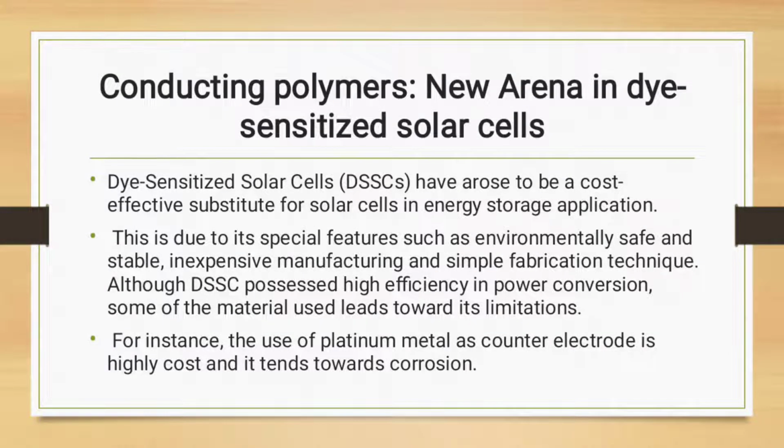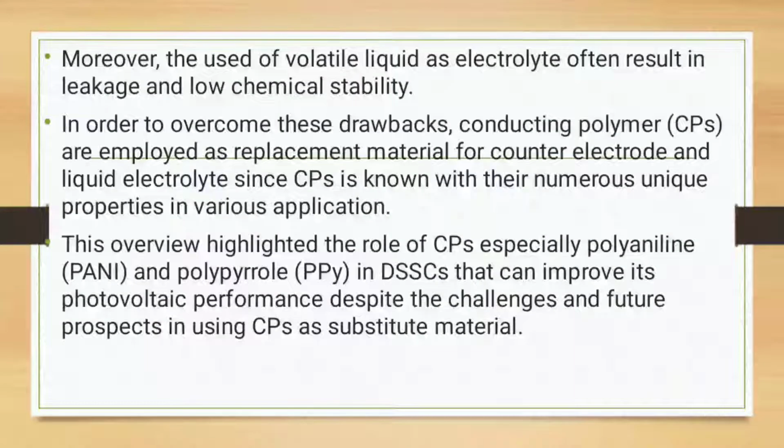Although DSSC possesses high efficiency in power conversion, some of the materials used lead towards its limitations. For instance, the use of platinum metal as counter electrode is highly costly and prone to corrosion. Moreover, the use of volatile liquid as electrolyte often results in leakage and low chemical stability.